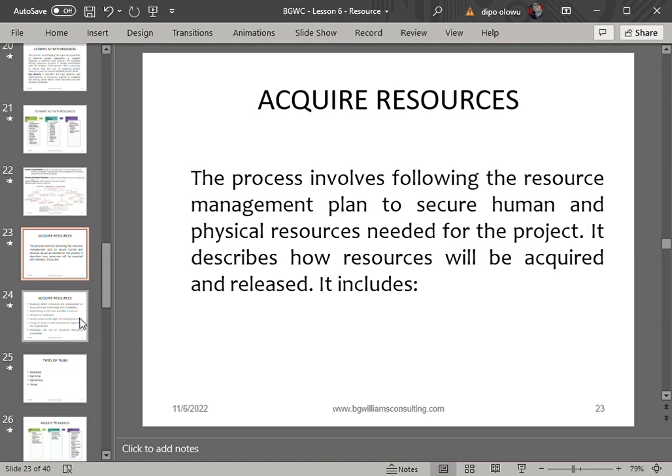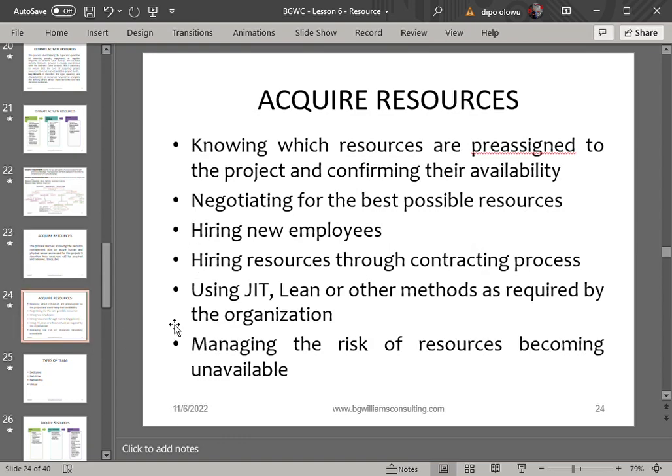So you must take note when acquiring resources. There are some basic things it symbolizes. Acquiring resources is like hiring a new employee. Acquiring resources is like getting your suppliers to deliver materials to you.